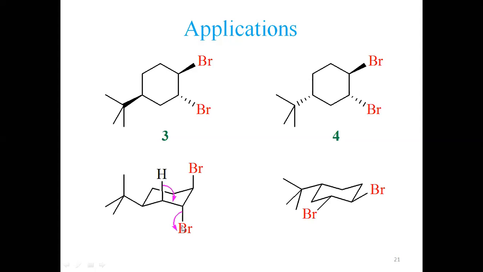It shall have too much steric hindrance. You have already studied in a previous semester in stereochemistry. You can't have a tertiary butyl at axial position. It has a 0% conformer. So that's why whenever you have a tertiary butyl group, it always goes to equatorial position.